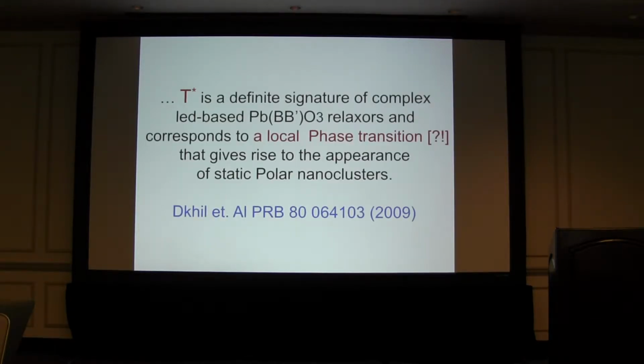And while I was gone, people discovered T-star, a definite signature of complex lead-based relaxors, according to Takil et al., corresponds to a local phase transition. I don't like the terminology local phase transition because phase transitions are inherently features of infinite systems, but I think it's generally the right sort of idea.